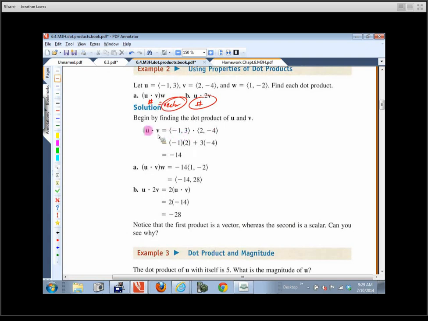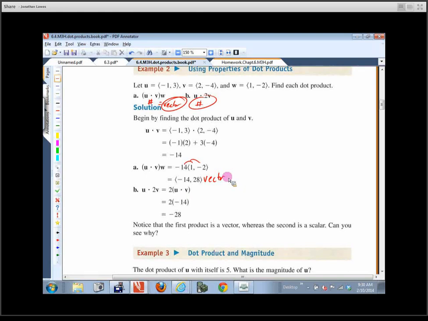If I find the dot product of u and v, that's -14. So I'm going to take -14 and multiply it by the vector w. That's just like distributing, so I end up with -14 comma -28. There's the vector we were talking about.